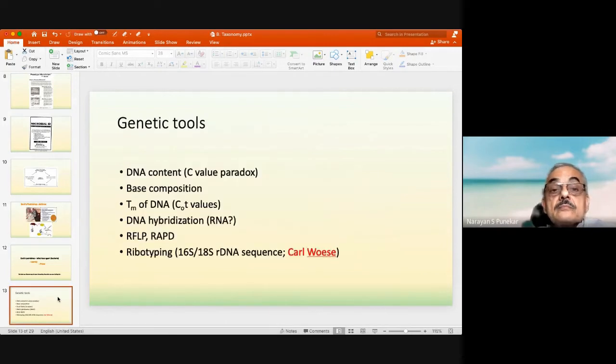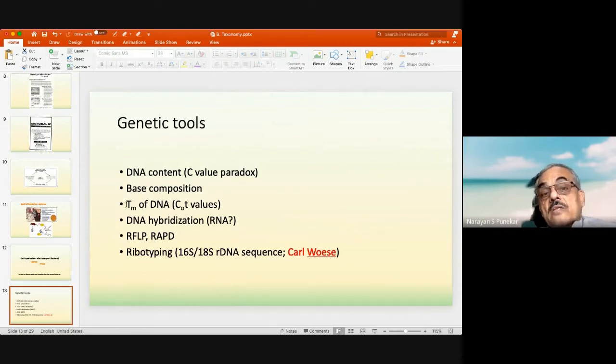All right. So what are the kinds of genetic tools that we talk about? If two organisms are different from each other, based on genetic tools we can put them into different categories, right? So one of them is DNA content, okay? The total amount of DNA per cell, okay? And the quality of the DNA, that means its base composition, GC content, for example.